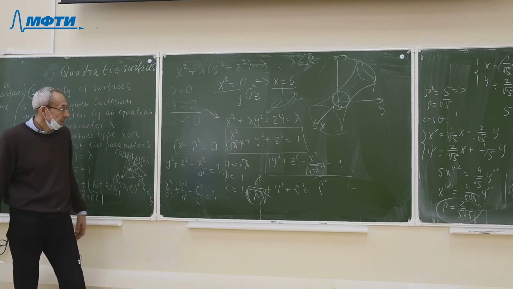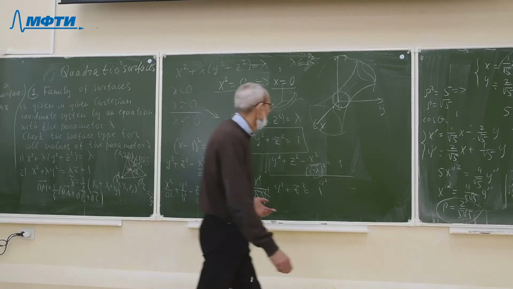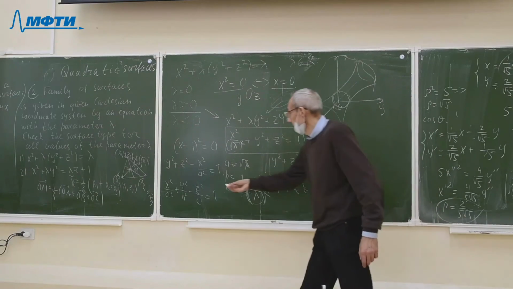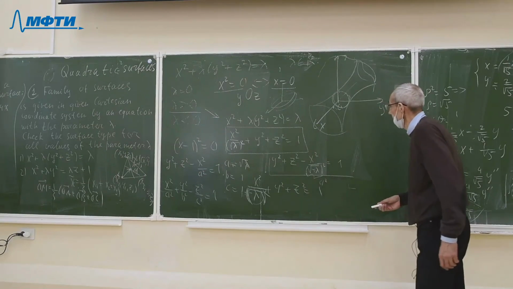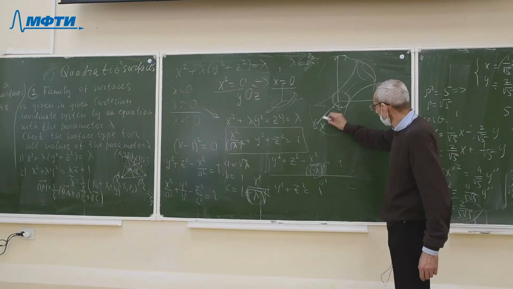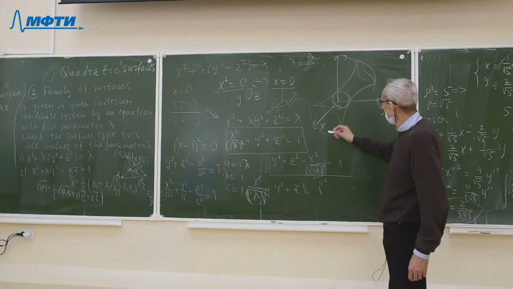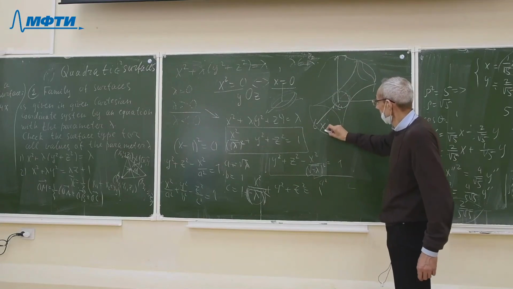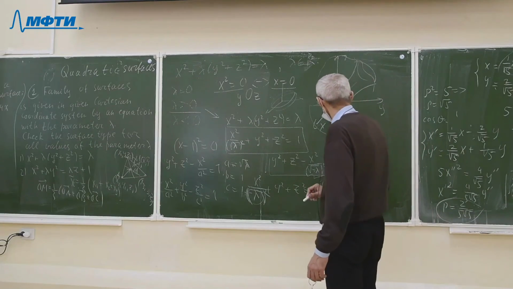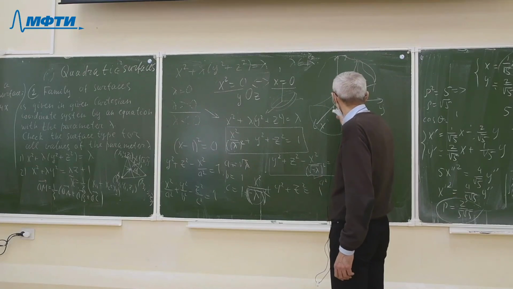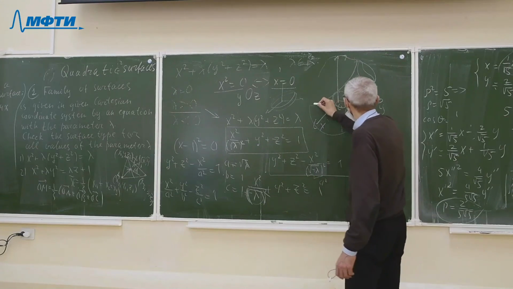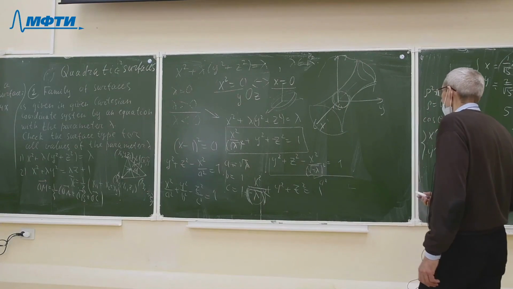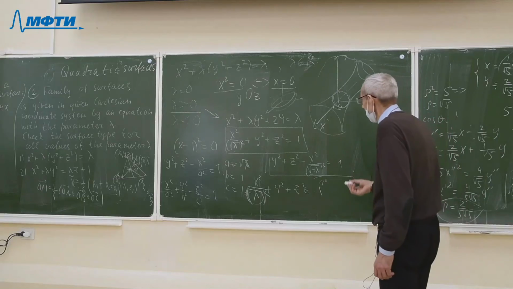But in another way, we can consider the new position of the surface in space, and the straight line of symmetry, in this case, will be OX, and our hyperboloid has the following form.